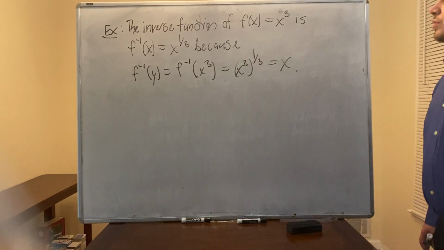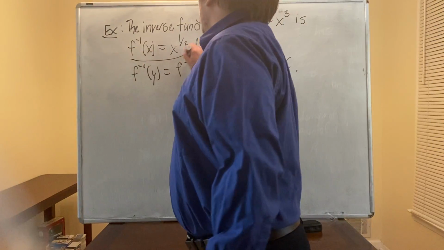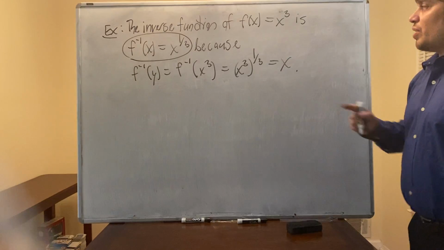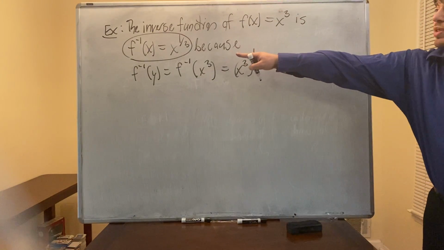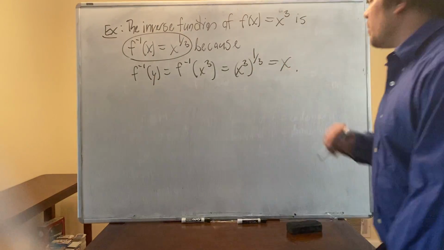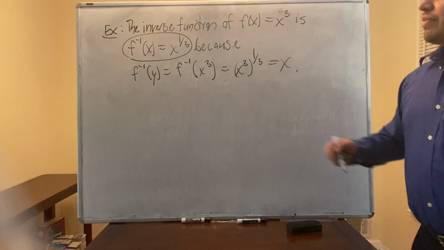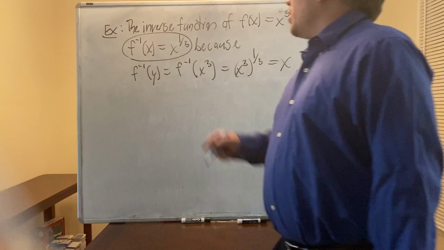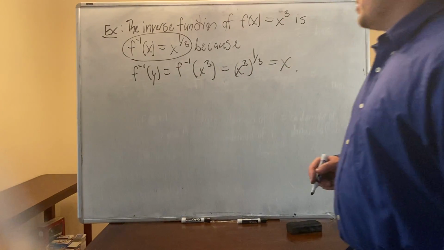Okay, so for f of x equals x cubed, we can say f inverse of x is equal to x to the 1/3 because f inverse of y is equal to x. This is a function that maps the y value of f back to x.